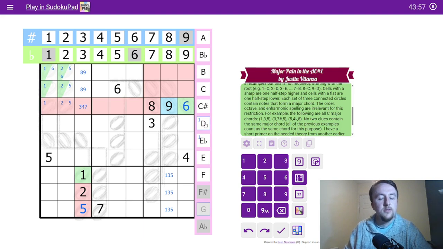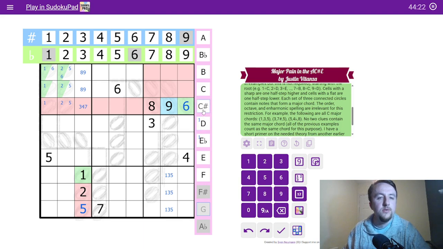We could flatten the D and sharpen the G and put an F in the middle? A 4? No, we can't, because then this has no all natural options. Can we flatten the 2 and not do anything to the 5?